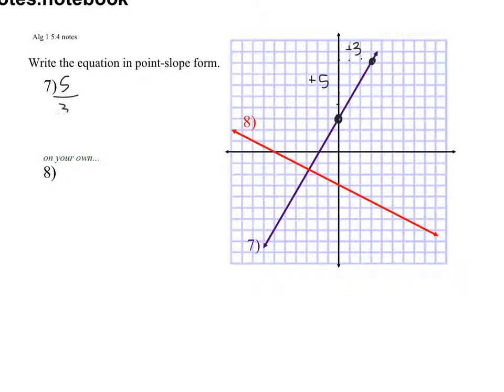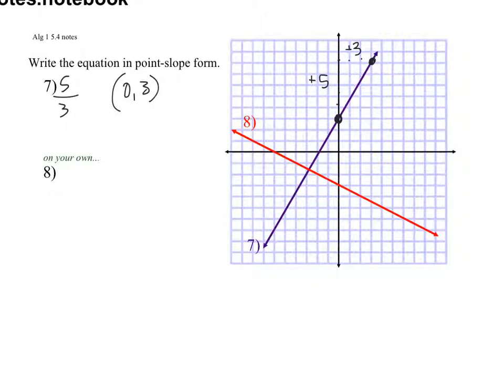Rise over run. Okay, so my slope is 5/3, and I need a point and a slope to determine the point slope form of a line. So the point that I decided to use first there was (0, 3).